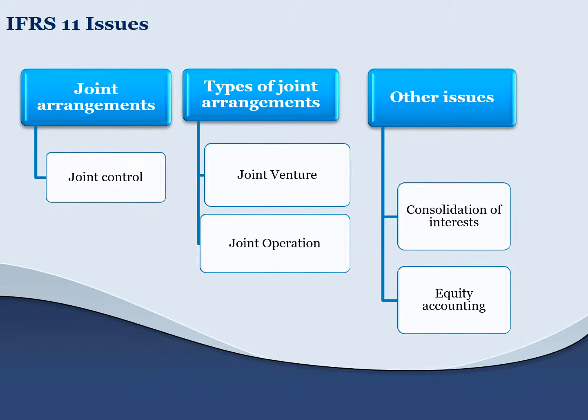The knock-on effect of that classification is that for joint ventures, one applies the equity method of accounting as contained under IAS 28, and for joint operations, one applies a form of proportional consolidation. I say a form of proportional consolidation because it is in fact a consolidation of the specific interests of that joint operator in the joint operation itself. This will come up a little more in the discussion as we address the different issues raised to the IFRIC by preparers and users.